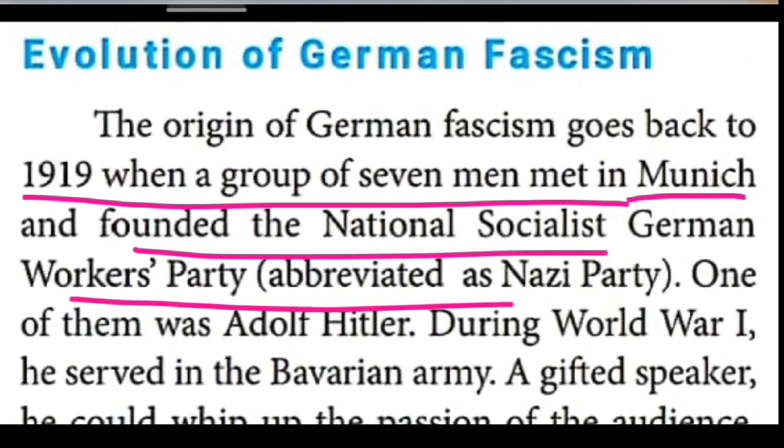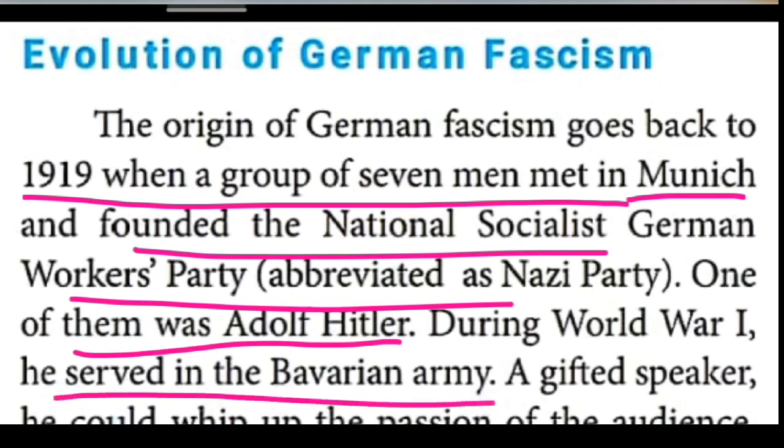One of them was our Hitler, Adolf Hitler. During World War I, he served in the Bavarian army. Where did he work during the First World War? The Bavarian army. He was a gifted speaker, a good orator.